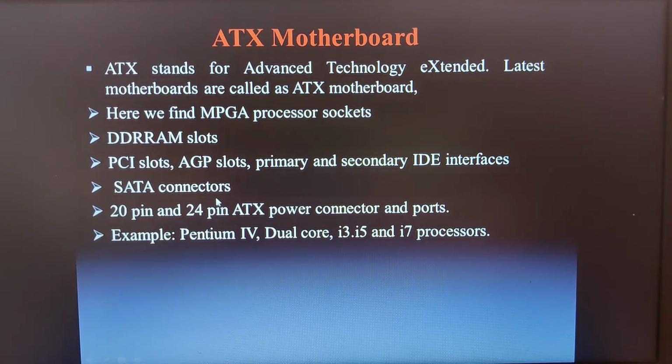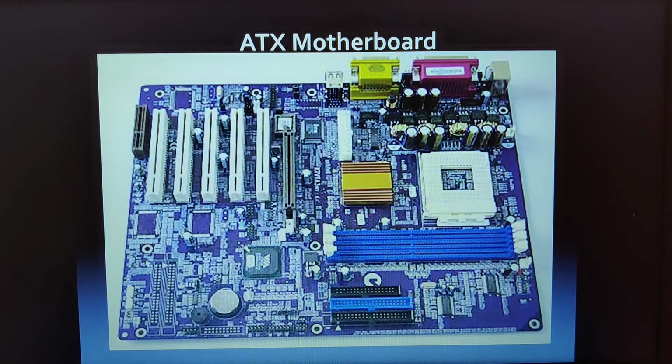Alright, apart from this, it also consists of the SATA connectors. Here I'll be showing you how the ATX motherboards look. It consists of, as I said, the MPGA, the micro pin grid array socket. Then it also consists of the PCI slots and the AGP slots.